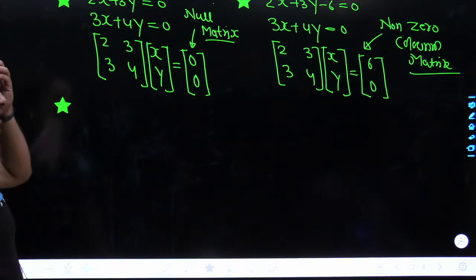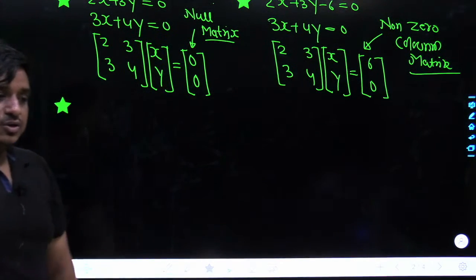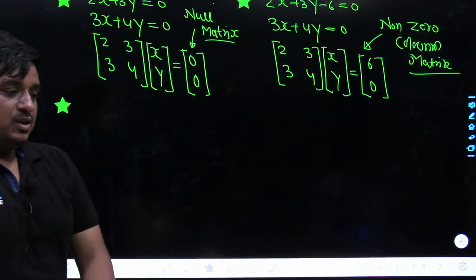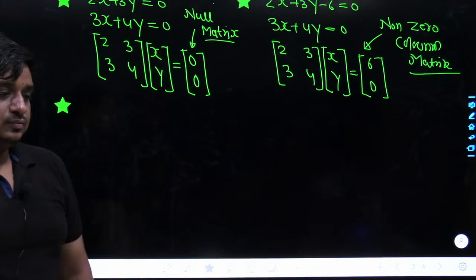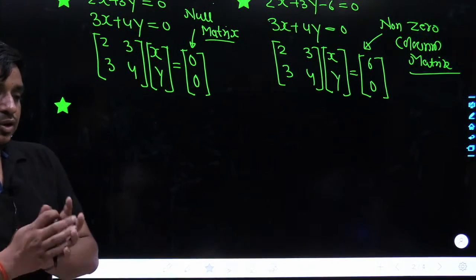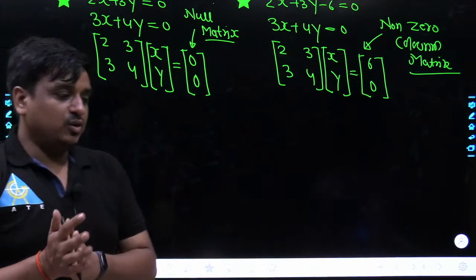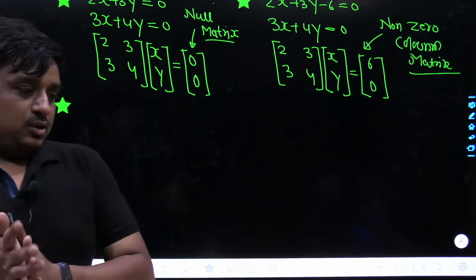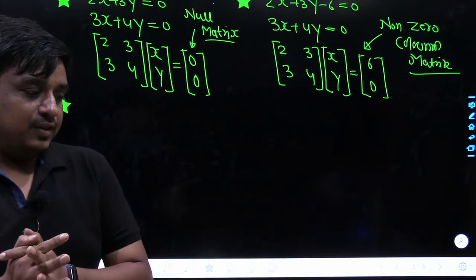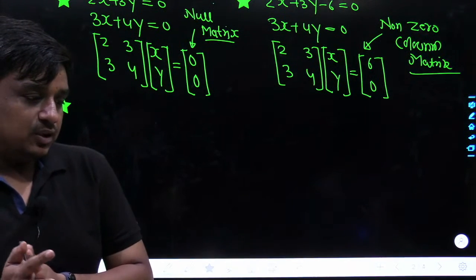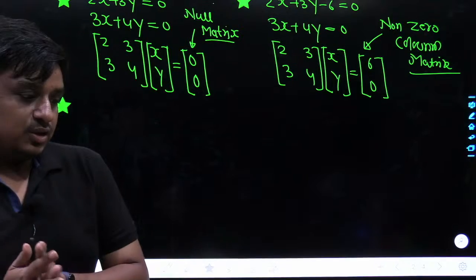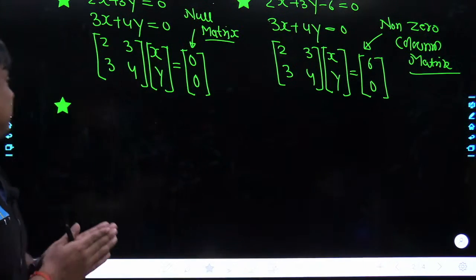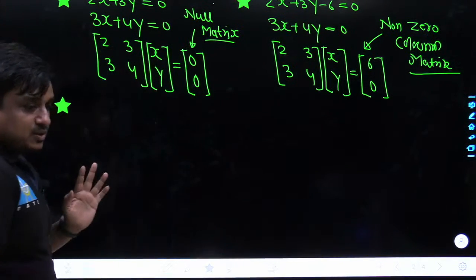I want the reply from each one of you. Can you have the case of no solution, unique or infinite solution? Three types. I am just specifically talking about the homogeneous equation.